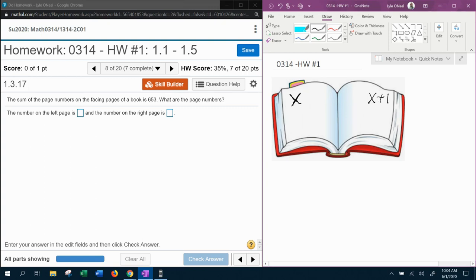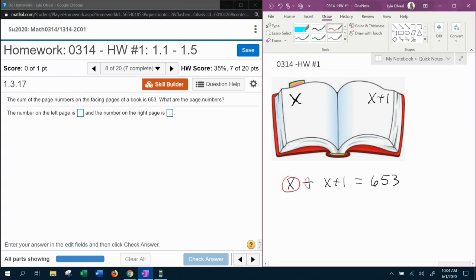And now we can set up an equation. It says the sum, the word sum in math means add, of the two pages has to be 653. And there's our equation. And so now that we have an equation, we can now solve for x, okay?